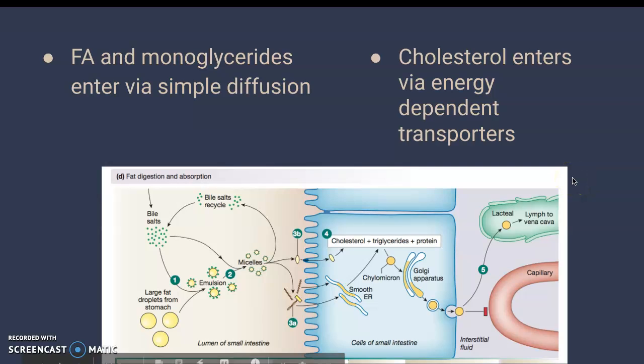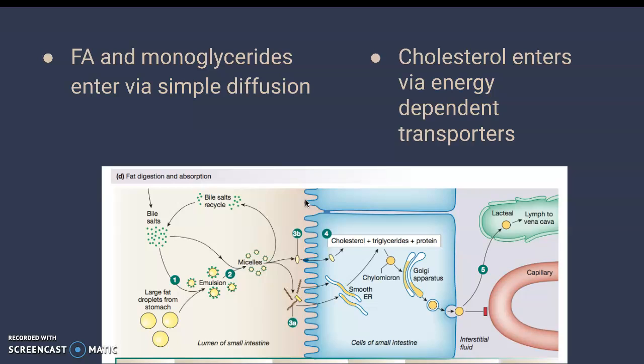Free fatty acids and the monoglycerides will move across this border via simple diffusion across the apical enterocyte membrane right here. So these move across via simple diffusion. You don't need an energy source to be able to do this.